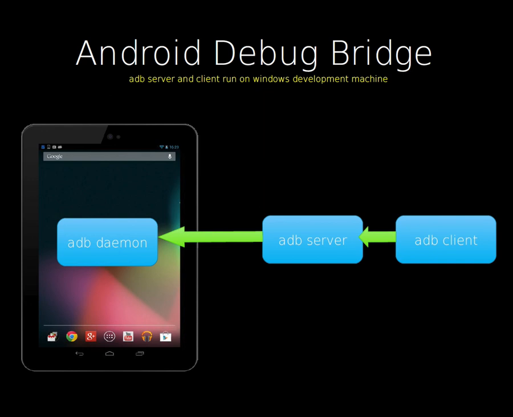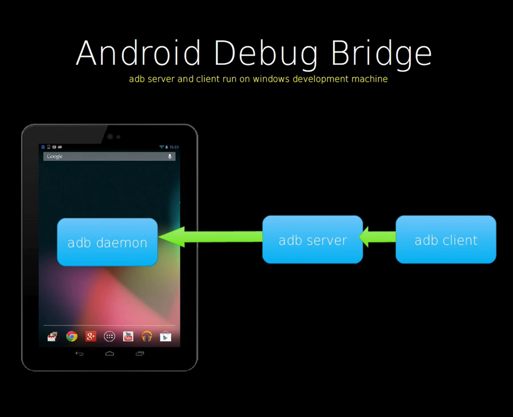Okay, in order to get to the device, Android has devised an Android Debug Bridge, the ADB. There's an ADB daemon, a server and a client, and the client and server actually run on your operating system, on your Windows side, and the ADB daemon is running on your Android tablet, and they communicate using TCP/IP or USB connection.